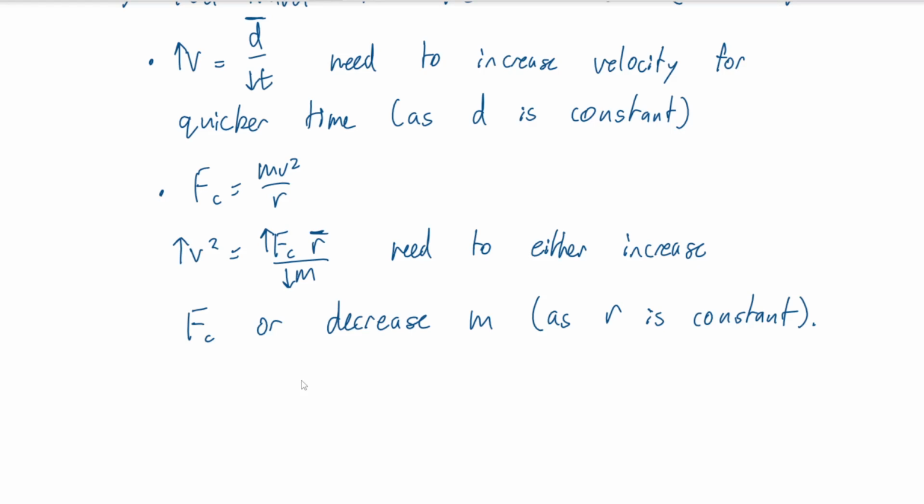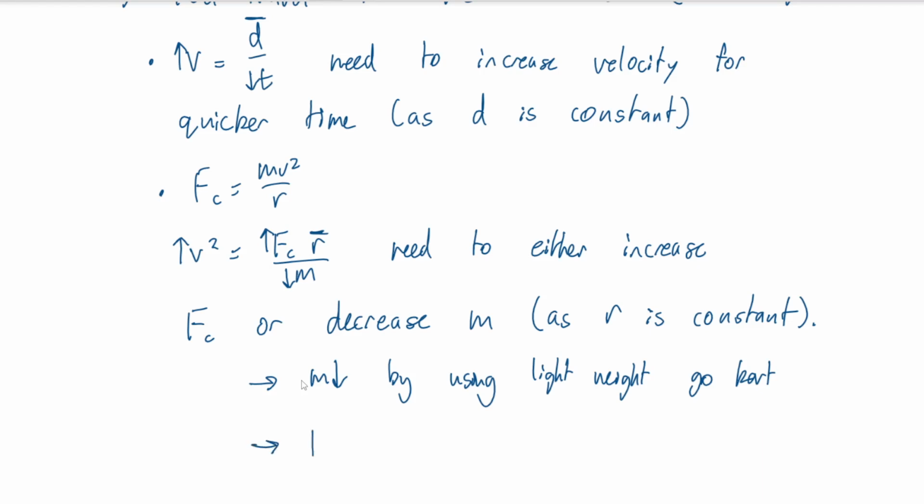So that's decreasing the mass. So mass can be decreased by using a lightweight go-kart. Alright, so you can blame your equipment in this instance if you had a slow and heavy go-kart.